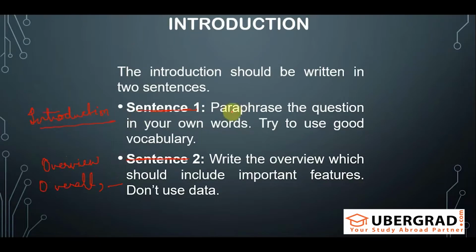So in the introduction, there will be just one line. Paraphrase the question in your own words. Try to use good vocabulary. We'll see that. What is the meaning of using good vocabulary? Write the overview which should include important features. Don't use data. Don't use data means here they are talking about discrete values. Okay, very important. And important features, the most important features, the highest increase or decrease and such things only.